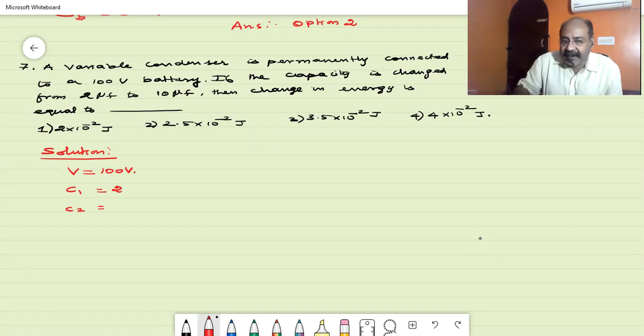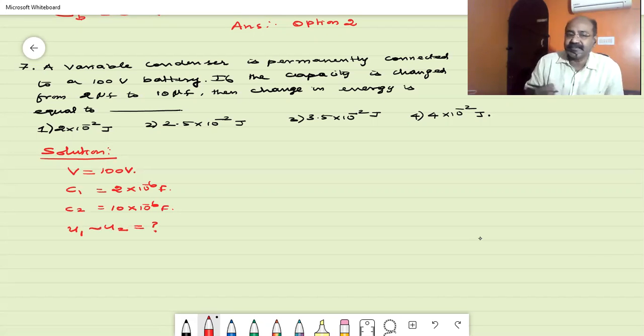Let us keep it as 2 into 10 power minus 6 farad, and C2 is 10 into 10 to the power of minus 6 farad. Then you are asked to calculate the change in energy. If C1 is there, you have a potential energy of epsilon 1. When C2 is considered, you will have a potential energy of epsilon 2. So the difference or the change is asked.